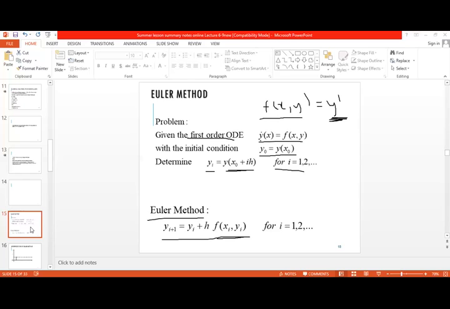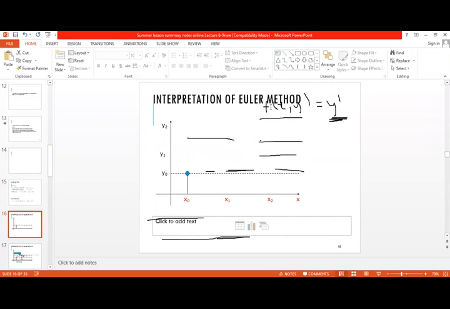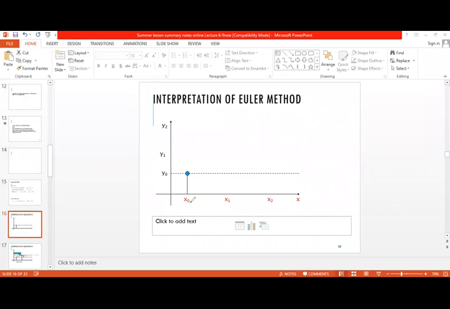So let's explain this whole process of iterative solution to the system. What we are saying here is we got a point. You are given an initial point, x naught, y naught. Based on x naught, y naught, you're going to find the value of y1 using an approximation.